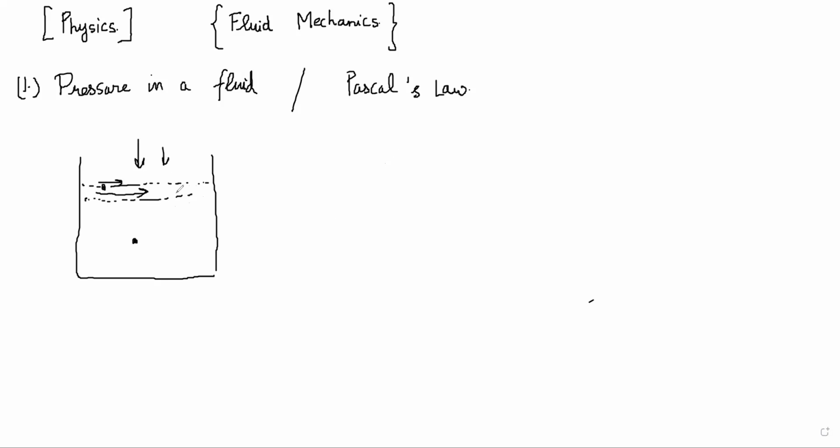So basically we'll be studying different types of fluids and understanding pressure and multiple other properties of them. So the first thing that we'll look at is pressure in a fluid, and pressure in a fluid depends on the weight of the fluid column above it. Okay, so if you take a cross section area in a fluid, pressure at a certain depth, let's say like this, and what we want to calculate is pressure at this level.